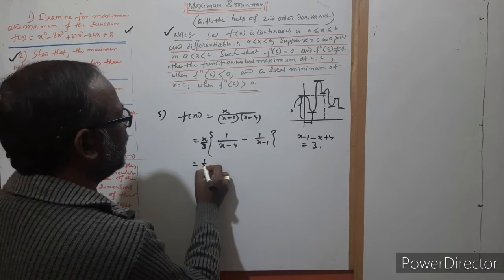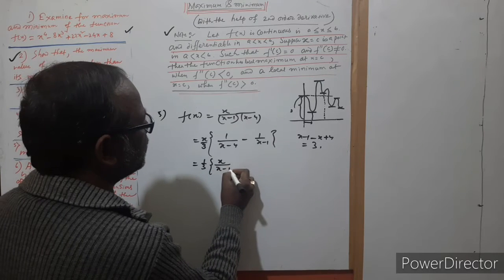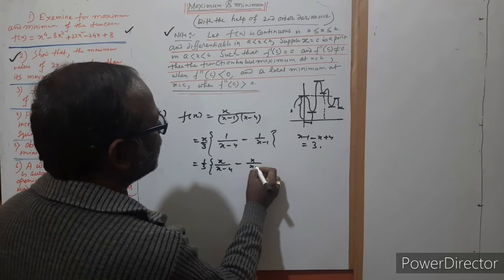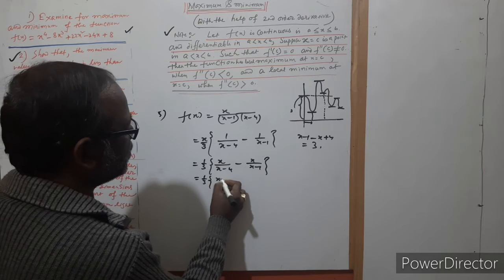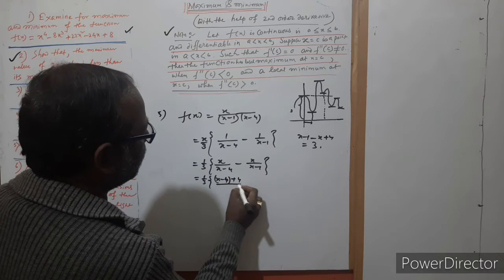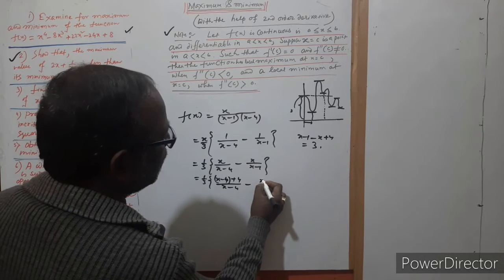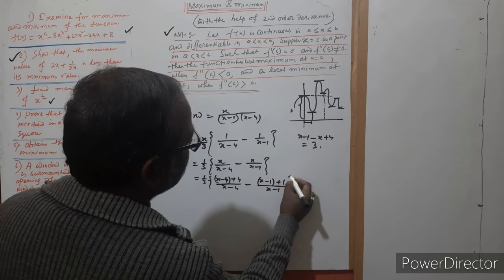So now 1/3 here, and I multiply by x, so x by (x minus 4) and x by (x minus 1). We can also write x as (x minus 4) plus 4 over (x minus 4), and (x minus 1) plus 1 over (x minus 1).